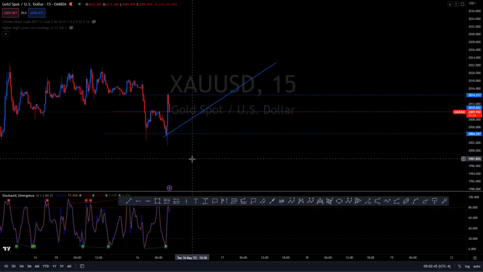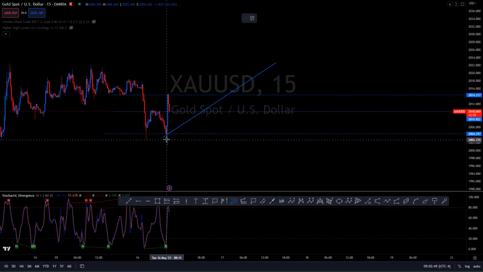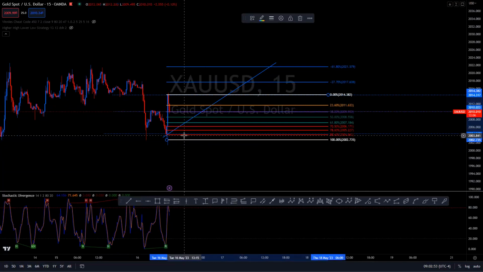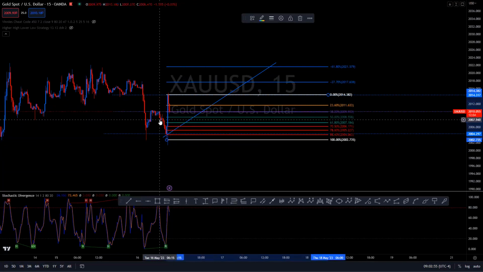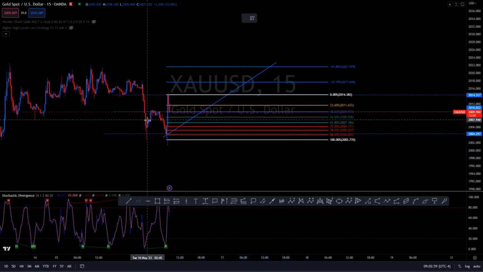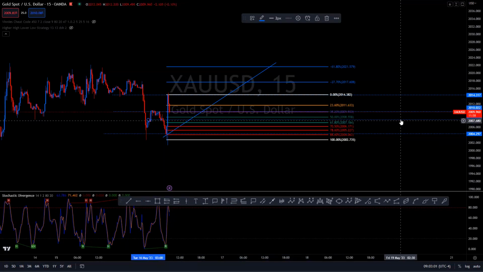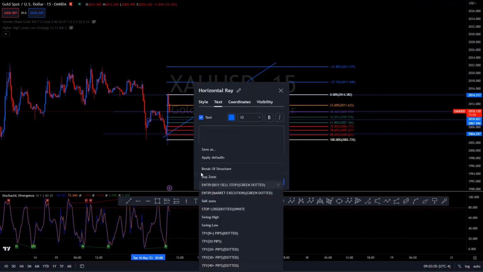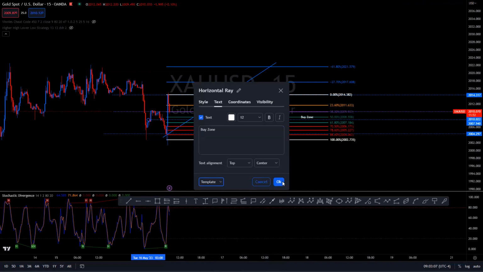Now we're going to take our fib and draw from the most recent low to the most recent high. We see the 50% area is around here, so this is going to be our buy zone here.